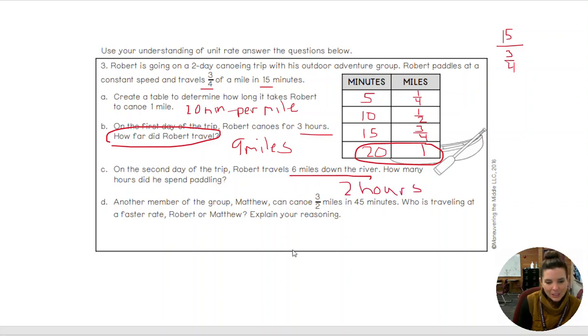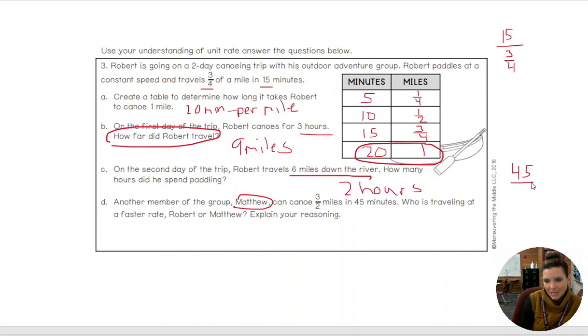And then the last question, another member of the group, Matthew, can canoe 3/2 miles in 45 minutes. Who was traveling at a faster rate? So let's go ahead and figure out what the rate is for Matthew. So we want to know how many minutes it takes Matthew for 1 mile.